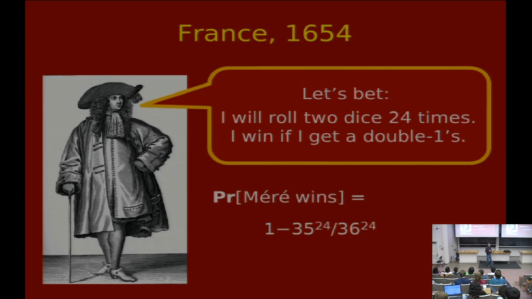Each time he rolls, there's a 1 in 36 chance that he gets double 1s, and so there's a 35 in 36 chance that he doesn't, and the probability that all 24 of his rolls fail to be double 1s is 35 over 36 to the 24. So the probability he wins is 1 minus that, which turns out to be 49%. So this is why he was losing.